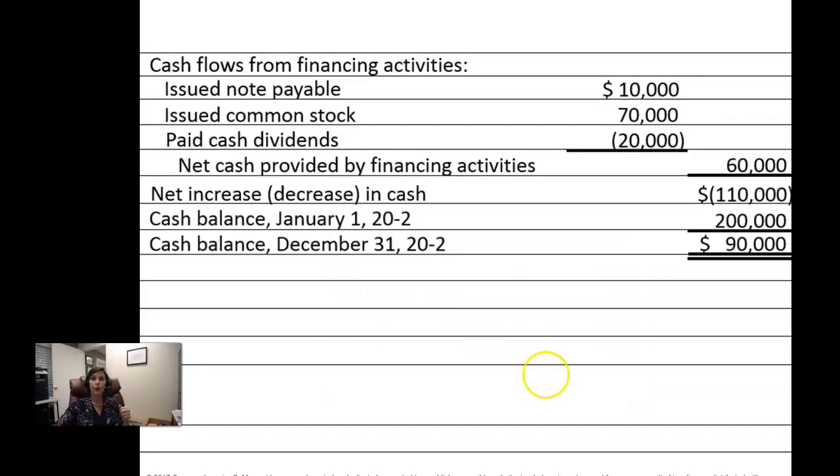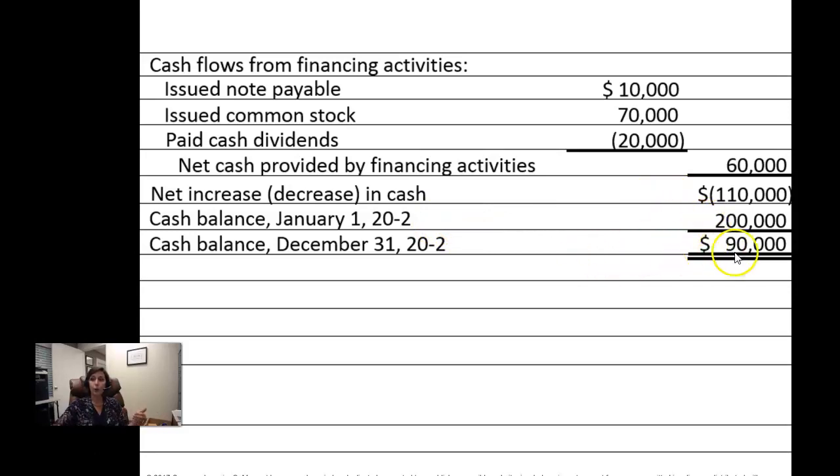So this is the bottom portion of our statement of cash flows, financing activities, and so we've got the net decrease in cash. We have our year two beginning balance, which is also our year one ending balance of our cash, of $200,000.